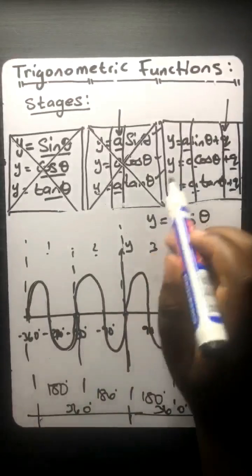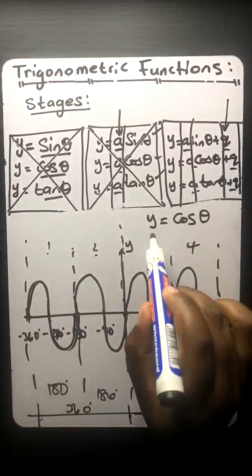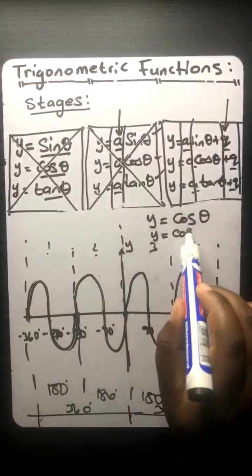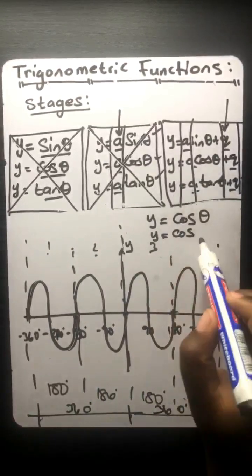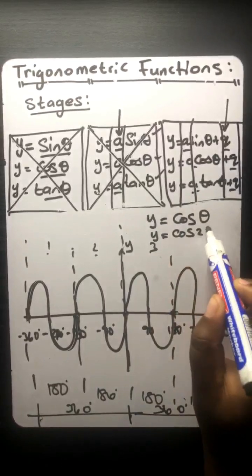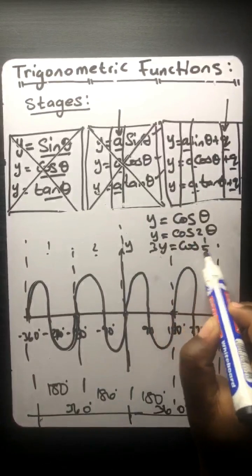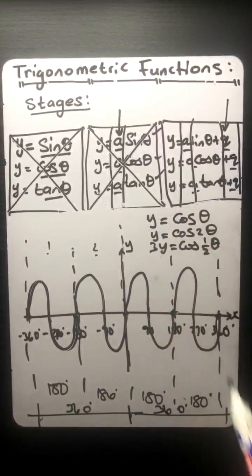But as we continue with our lesson for today, you will realize that the formula could be y equals cos, with a value in between, or y equals cos of 1 over 2 of that.